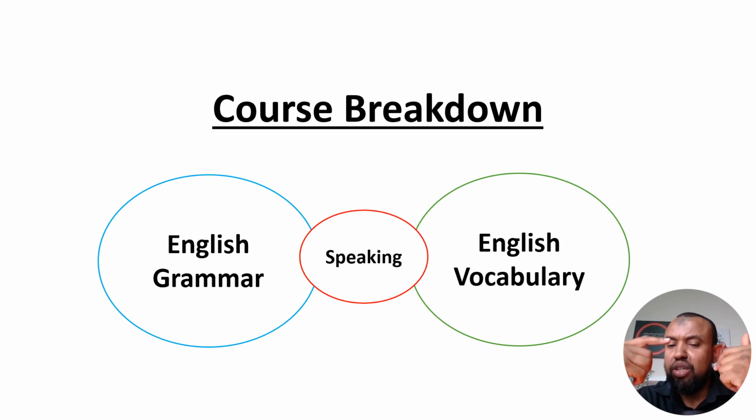So you will learn English grammar, you will learn English vocabulary, but the bridge between them will be the speaking practice. And that is good. So you will learn and improve your speaking skill.